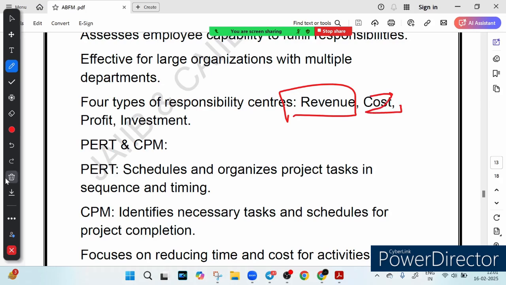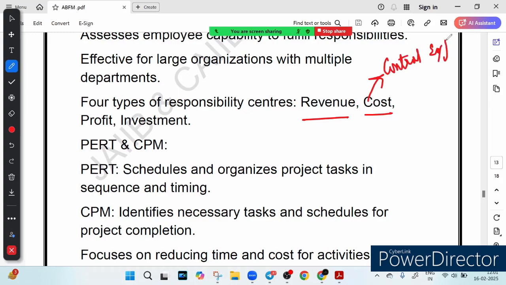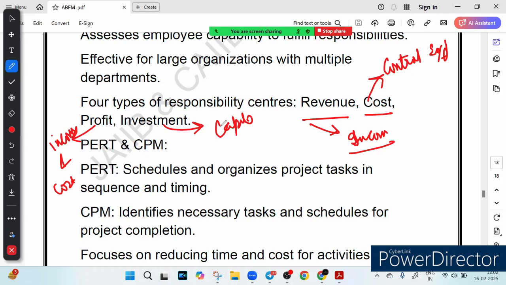Second is called the cost center, which controls expense. Revenue center focuses on generating income. Then the profit center, you know it very well, it balances income and cost. And the investment center, it manages capital and return. These are the 4 types of centers.